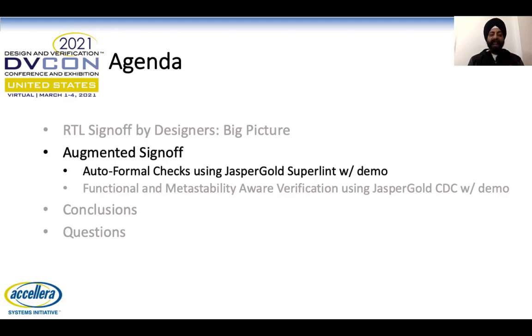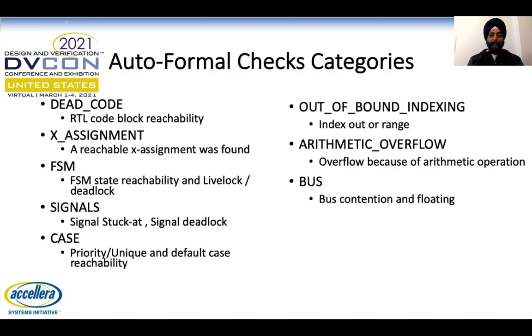So now let's look at the auto-formal checks in a little more detail: what are the types of checks and how they are integrated into Superlint, with a short demo. We talked about one example of auto-formal checks in the earlier discussion.